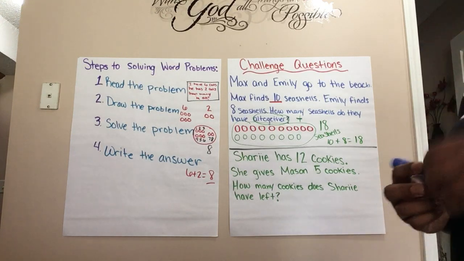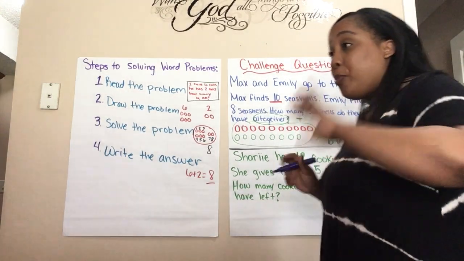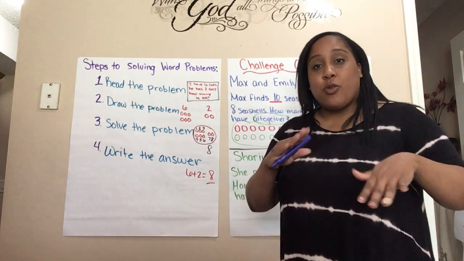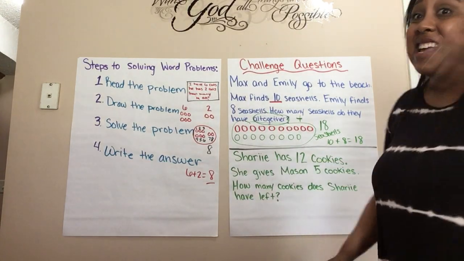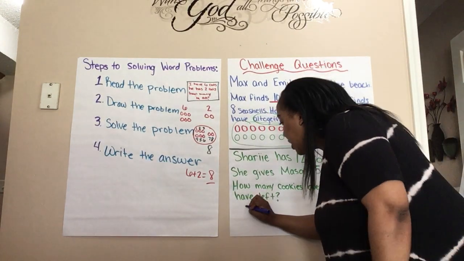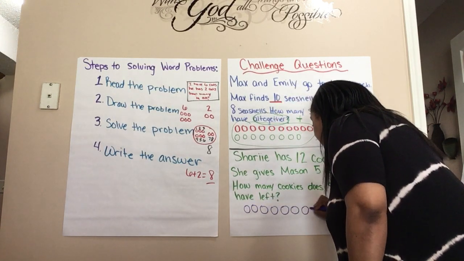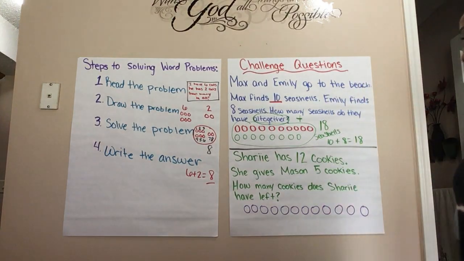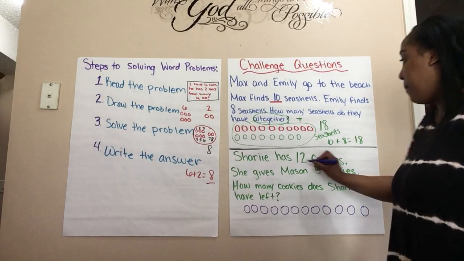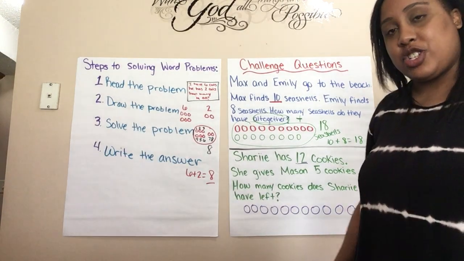All right, I hope you've paused the video, you've done your work, and we're going to check it. We're going to go through this together. Shady has 12 cookies. I need to draw 12 cookies. 1, 2, 3, 4, 5, 6, 7, 8, 9, 10, 11, 12. Okay? 12 cookies. How many did she give away?